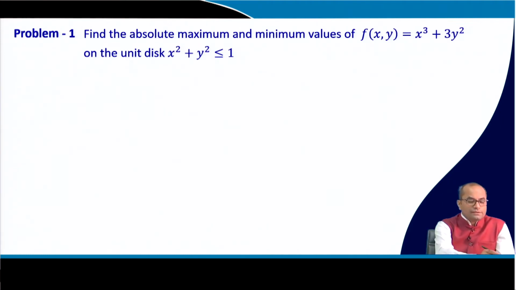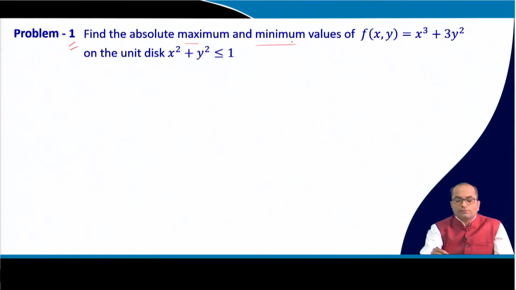So here we have problem number 1: find the absolute maximum and absolute minimum of the function x cubed plus 3y squared on the unit disk x squared plus y squared less than or equal to 1.